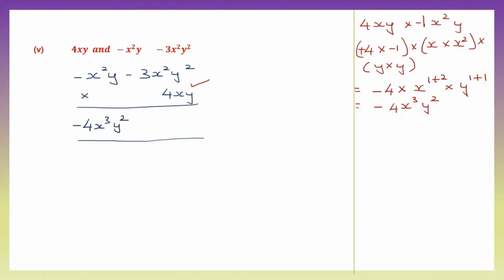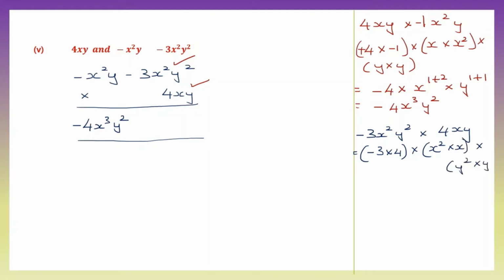Now we're going to go on to this portion. 4xy into that. So let's multiply that. That term is minus 3x square y square. We'll multiply it with 4xy. So here first let's take the numbers. Minus 3 into 4 into x square into x into y square into y.